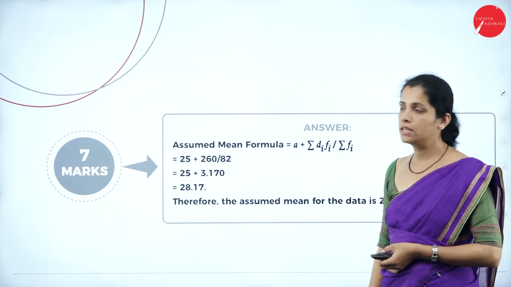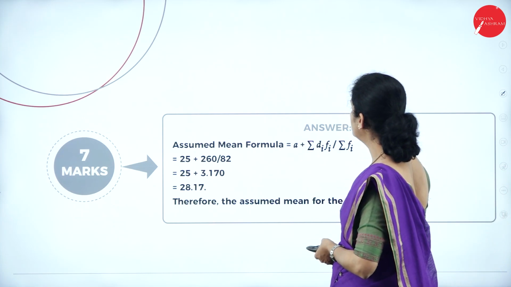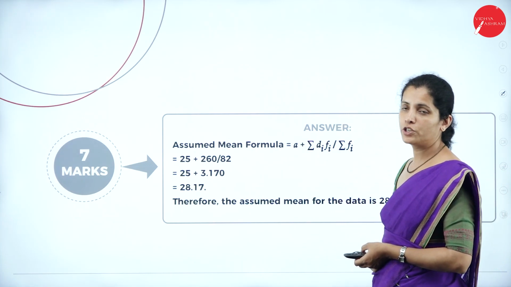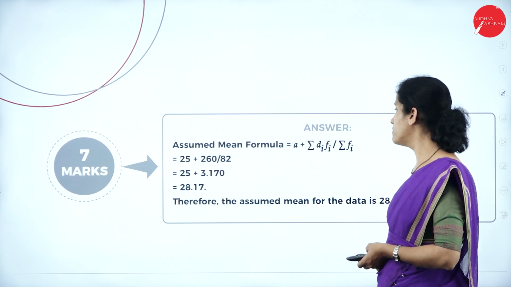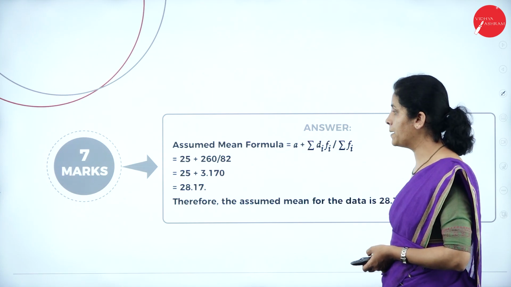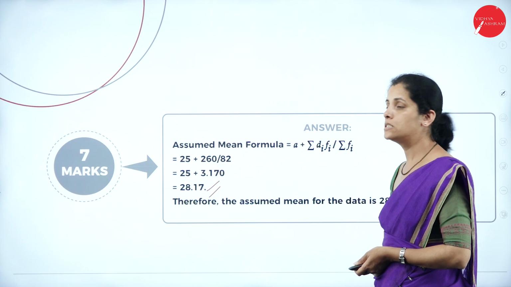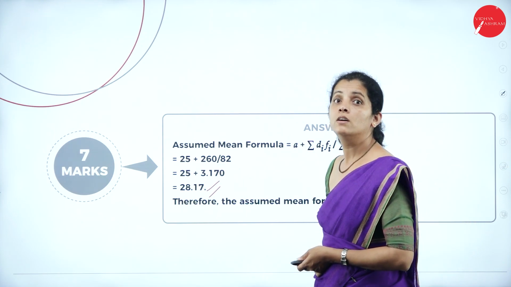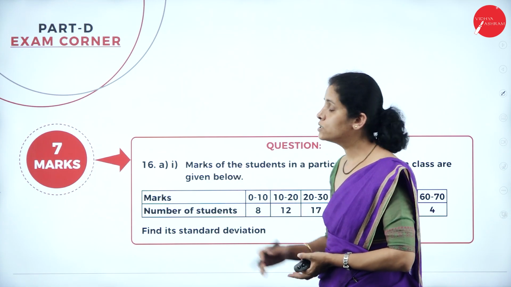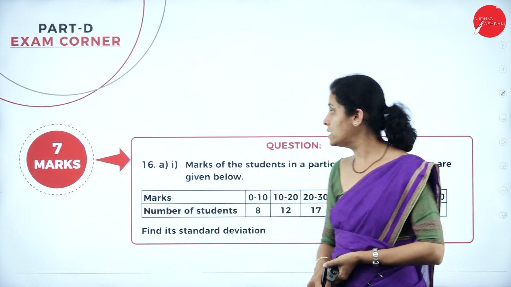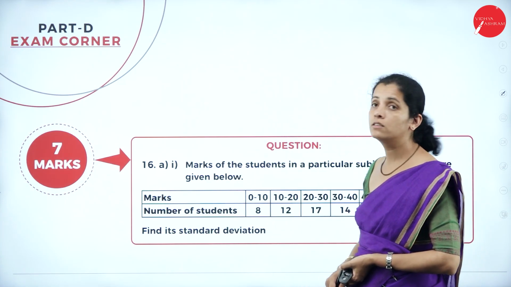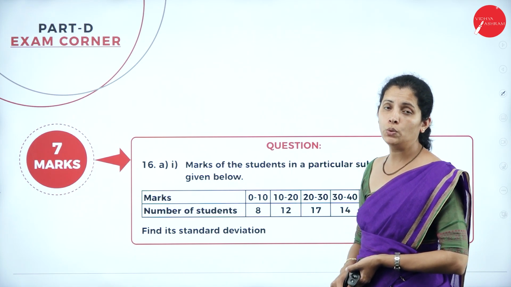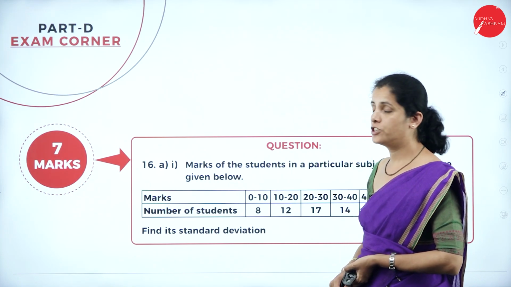Now I have the assumed mean formula, that is a plus summation of di fi divided by summation of fi. So dear student, when I simplify, I'm going to get the answer 28.17.